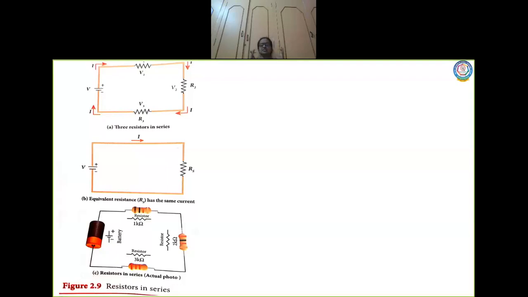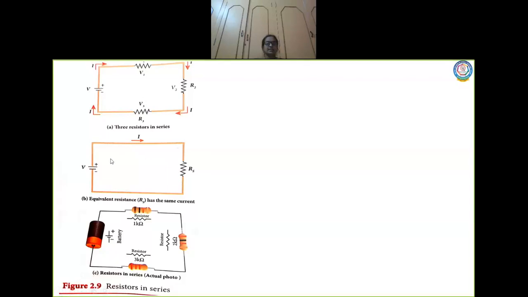So when such resistors are connected in series, what will be the effective resistance? What is going to be the total value or the effective value of the resistance? That is our topic. Hope you understood what we are going to do, right? Now the second diagram is the combination of this. Look at the second diagram, children. I'll just explain what this diagram is about.